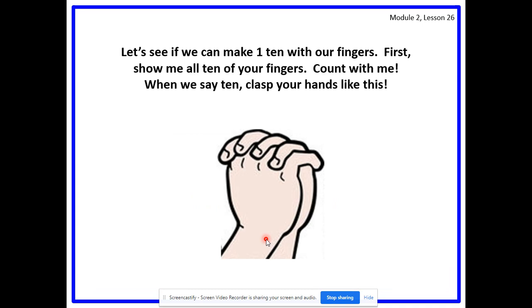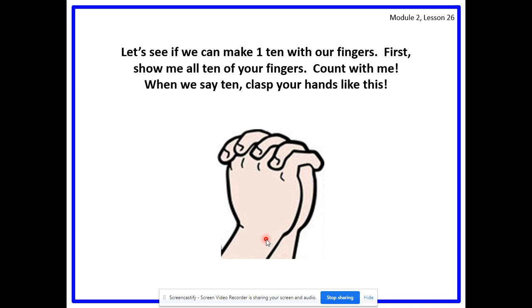Let's see if we can make 1 ten with our fingers. First, show me all of your 10 fingers. Put them up. And count with me your fingers. Everybody ready? And count. 1, 2, 3, 4, 5, 6, 7, 8, 9, 10.